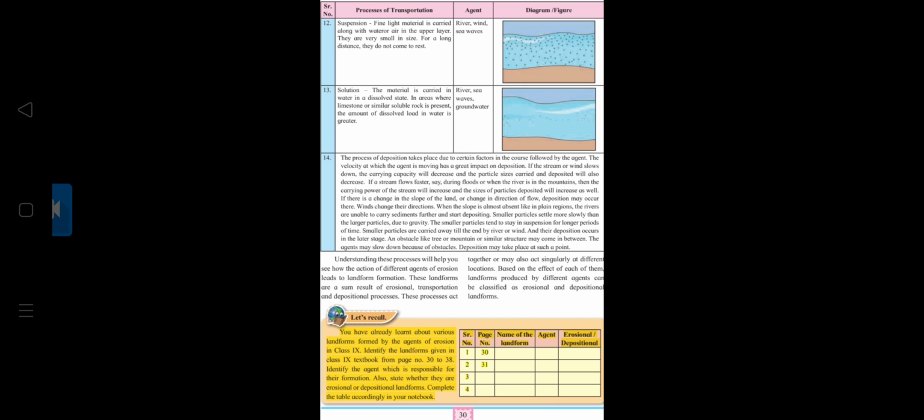These processes act together or may act singularly at different locations based on the effect of each of them. Landforms produced by different agents can be classified as depositional or erosional landforms. And the one which is marked on page 30 highlighted, that is not there in your syllabus, so that portion we are not going to include.